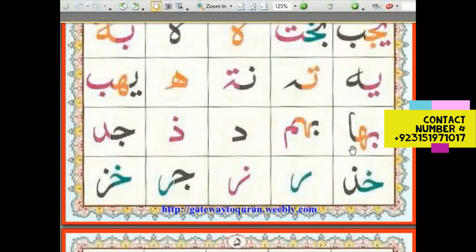Alif. Ba, ha, mim. Dal, zal. Jim, dal. Kha, zal. Ra, za. Jim, ra.